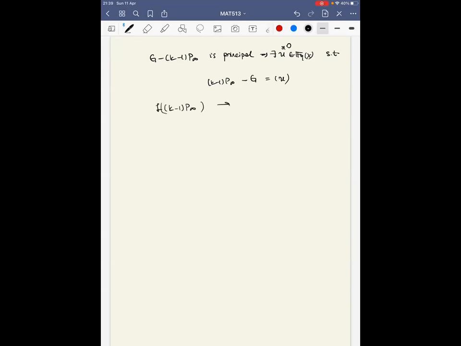As I explained in one of the discussion sessions, this equivalence allows us to consider a bijection between the Riemann space of (k minus 1) P infinity and L(G), and we can explicitly write the basis of L(G) in terms of this function u and the basis of L((k minus 1) P infinity).